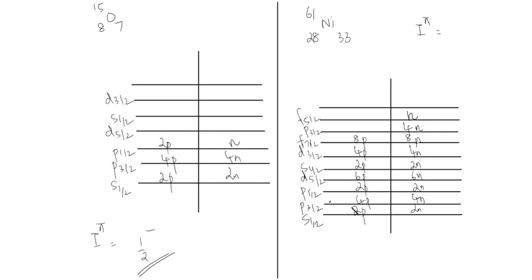As per the examples that we saw just now, what should be the spin parity of this nucleus? Here the lone neutron is in F5 by 2.